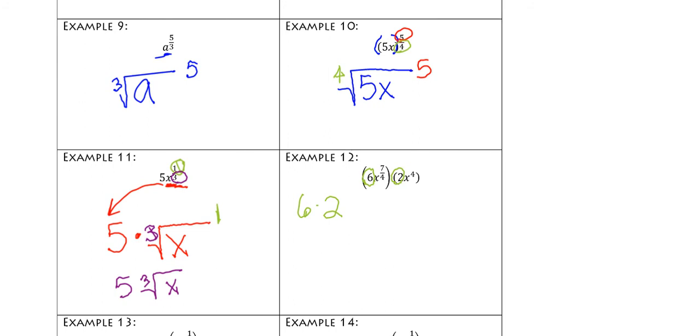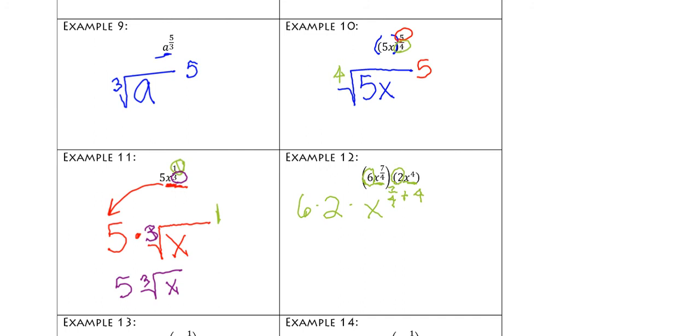And then I have this x to the 7/4 and x to the 4th power. Remember, when we are multiplying variables that have the same base, we write the base again and we add the exponents. So then we're going to take 7/4 plus 4.